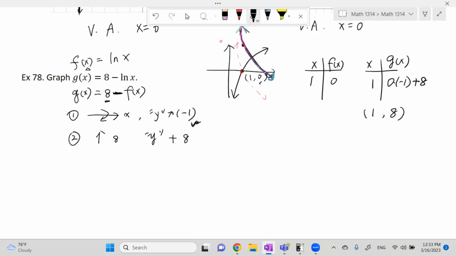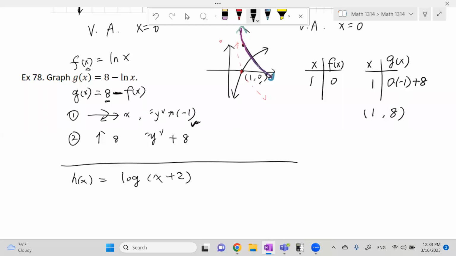Later, if you have a more transformed function, for example h of x equals natural log of x plus 2, what is the transformation? The inside of the parentheses means f of x plus 2, because you plug x plus 2 into f of x.